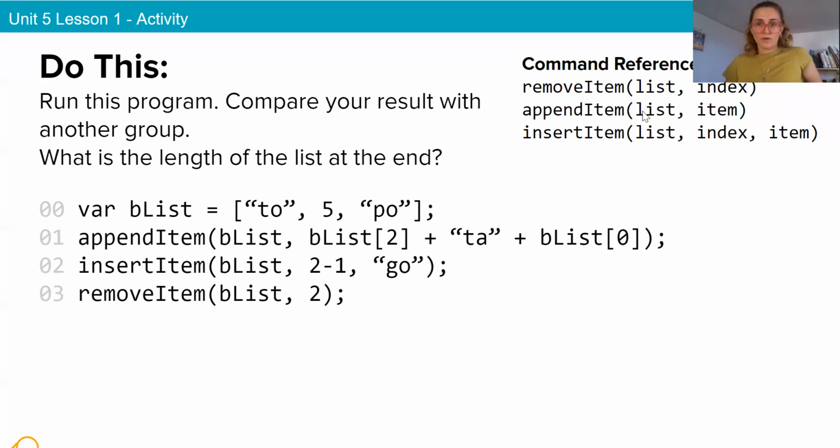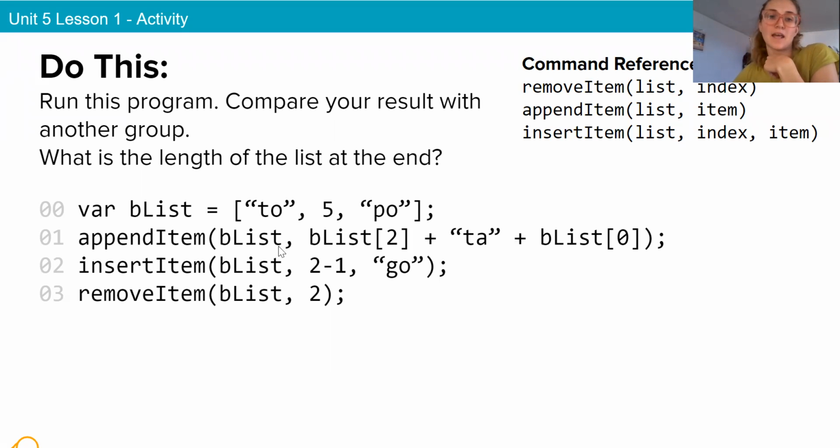Okay, so let's talk through each line of the code. The first one, var blist equals 2, 5, po. So we're creating a new variable called blist, and the value that we're assigning to that variable is a list made up of 3 elements, 2, 5, and po. Then we're going to append an item. Append item, again, is to add an item on to the end of the list.